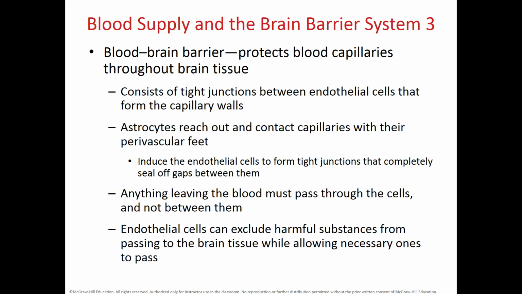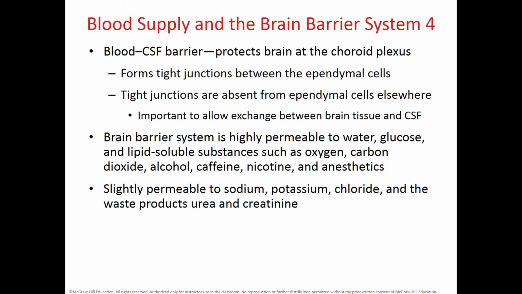And these extensions can open and close according to what needs to go into the brain and what shouldn't. So if something is important, the perivascular feet of the astrocytes will open, so whatever is coming off from the capillary walls through the tight junctions can go into the brain. So this blood-brain barrier will exclude harmful substances from passing into the brain, while allowing the necessary ones to enter.